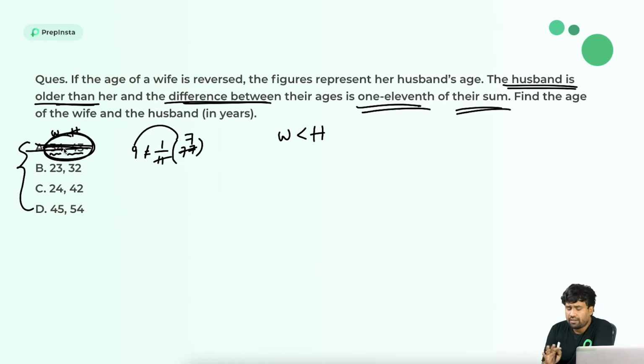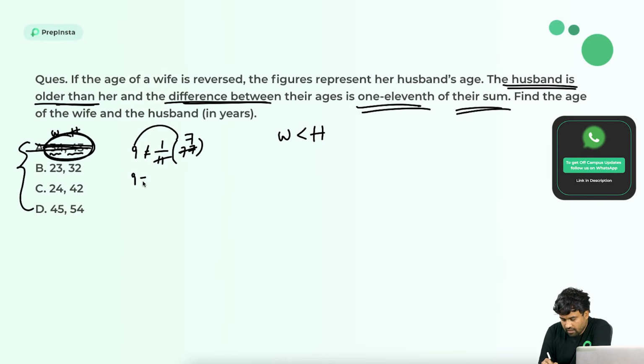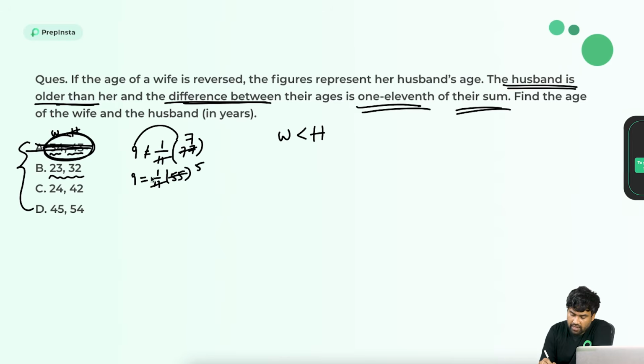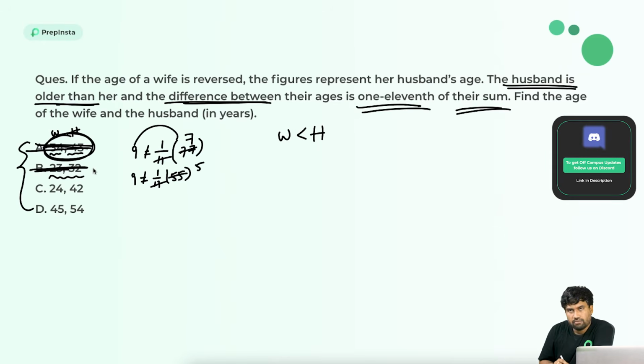See how simply we have turned the question into option elimination. Next, 23 and 32, difference is 9. But 1/11 of the sum of these numbers is 5, because 23 plus 32 is 55, and 11 will cancel this 5 times. 9 is not equal to 5.